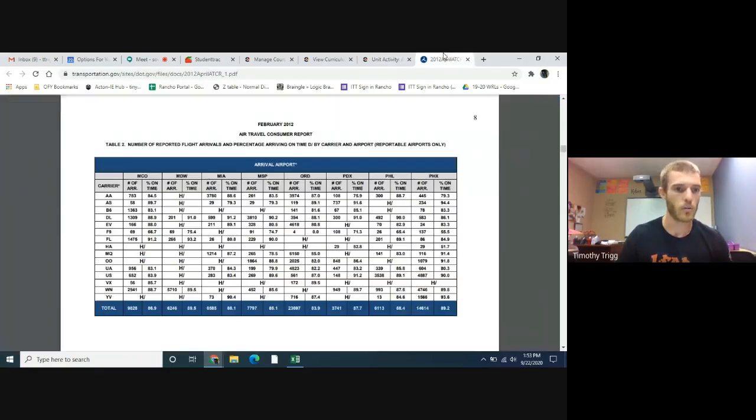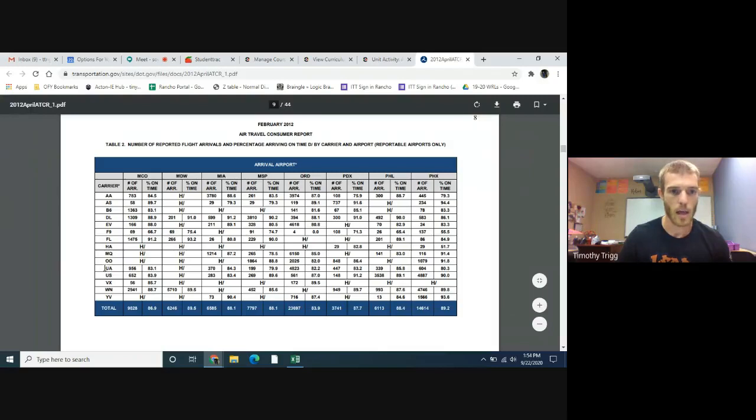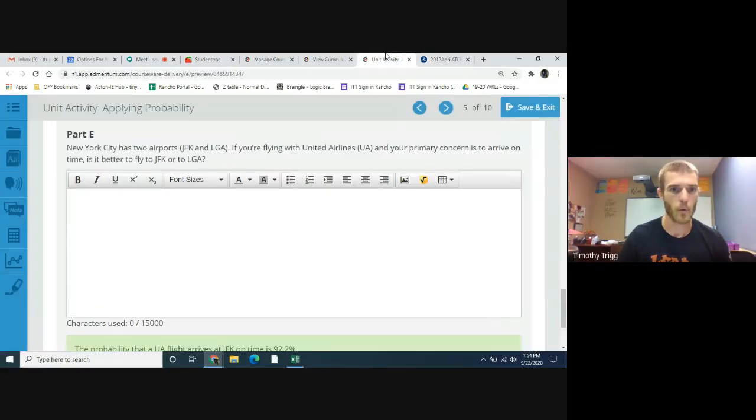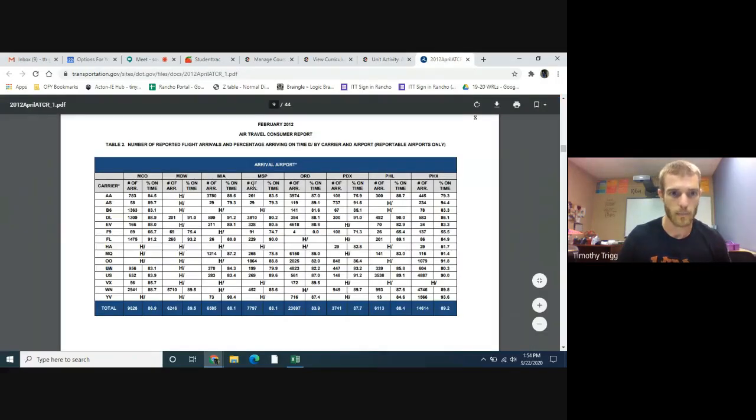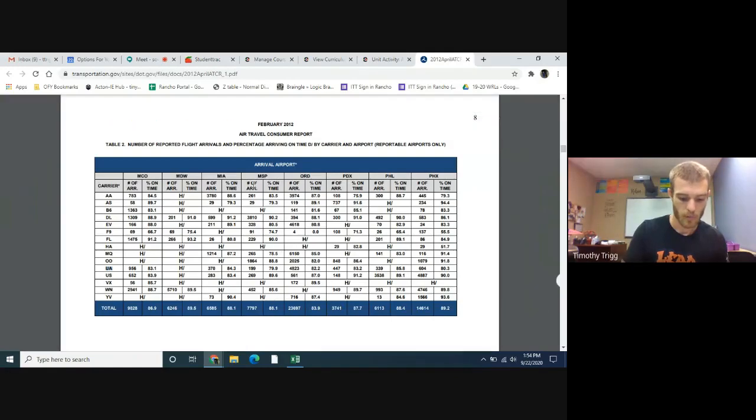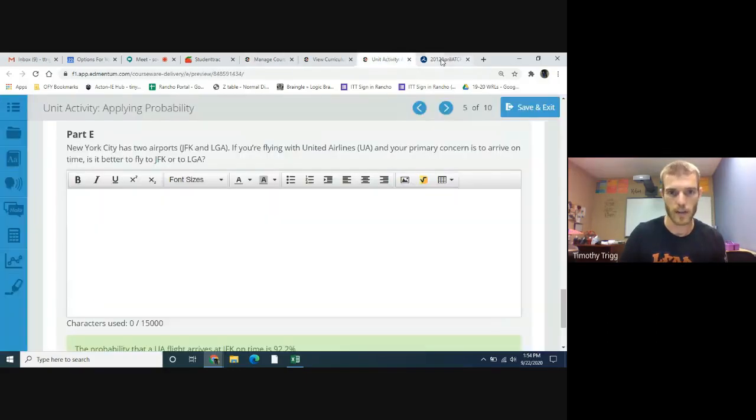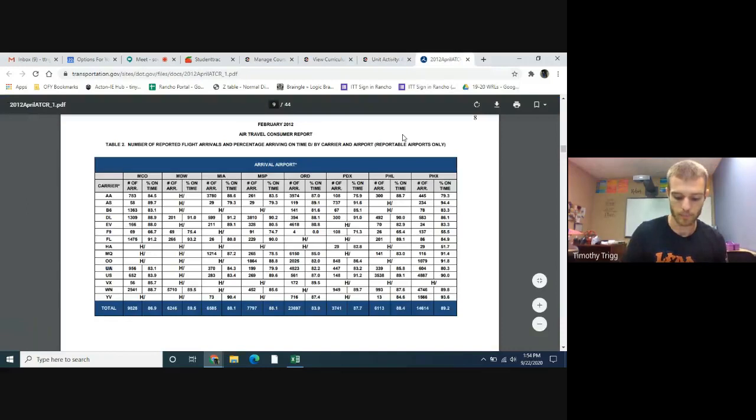So we're going to go to United Airlines. That's towards the bottom. And we want to look for JFK and LGA. So I'm going to write that down. We're going to look at UA, JFK, and LGA. I always forget.